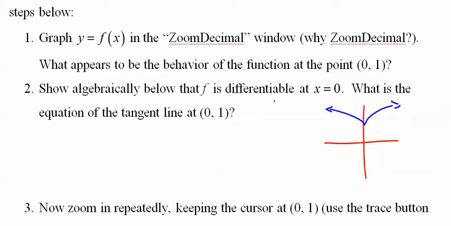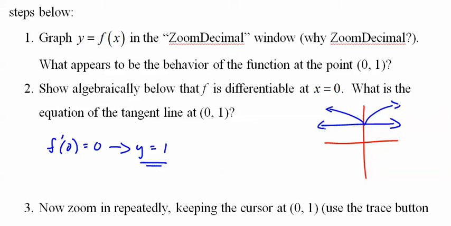But then you look at this and you say, yeah, I can differentiate that. You do all your math and you find out the slope at 0 is 0, and this has a horizontal tangent of y equals 1. So you say that's not possible.